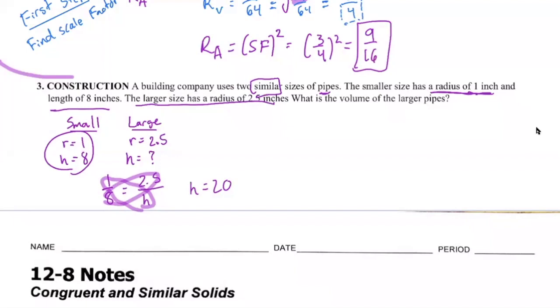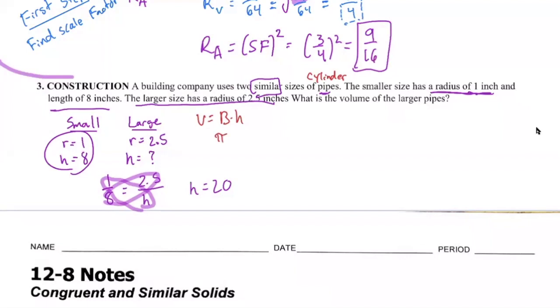And then simply, for a pipe, what shape is that? That is a cylinder. A pipe is a cylinder, right? So if you want to find the volume, it's base area times height. Then you can plug it in and solve for the volume. I can do it real quick.